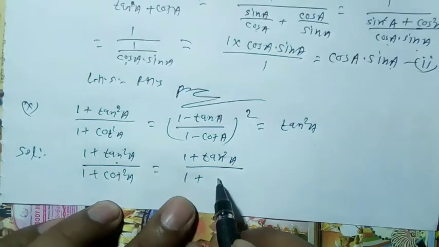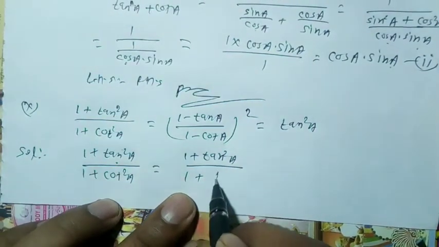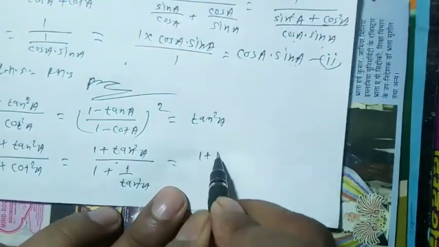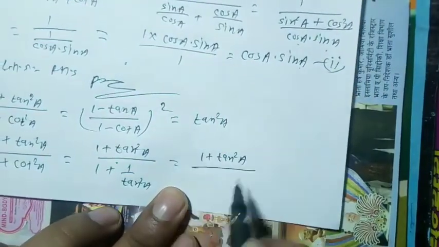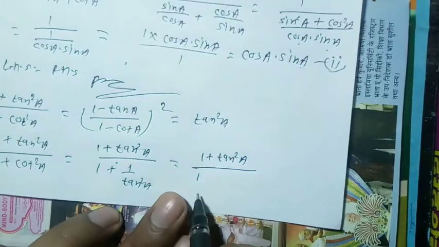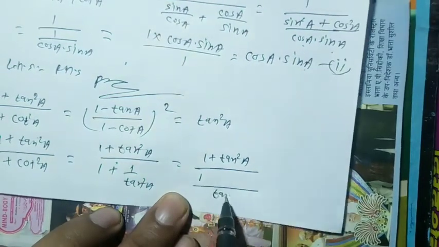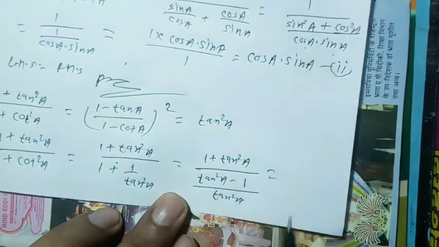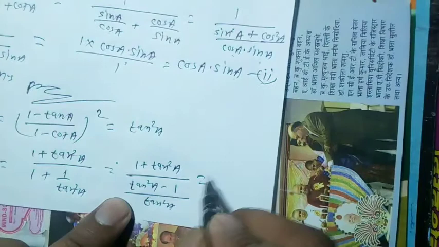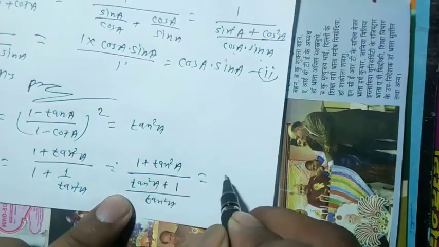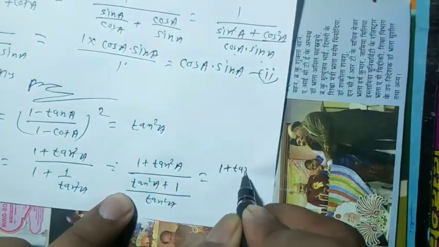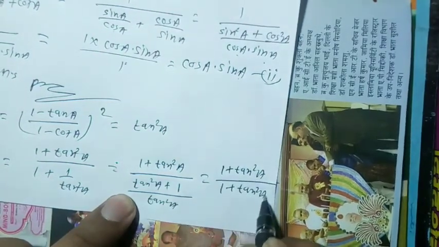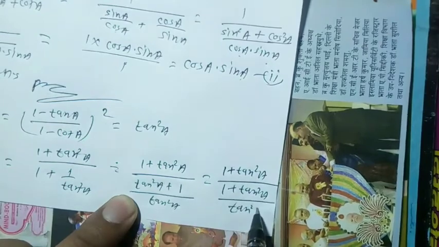Cot A = 1/tan A, so cot² A = 1/tan² A. So (1 + tan² A)/(1 + 1/tan² A). LCM tan² A, then (tan² A + 1)/tan² A. Now rearranging, (1 + tan² A) divided by (1 + tan² A)/tan² A.